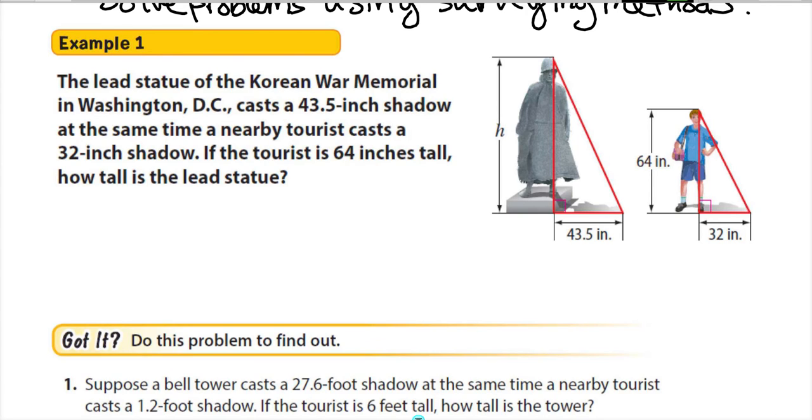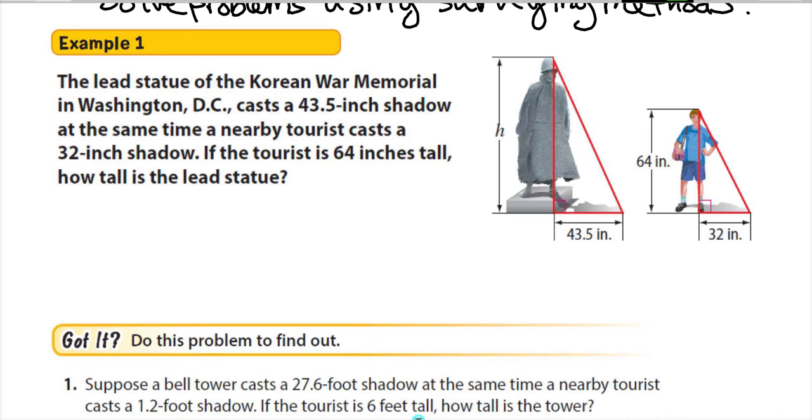If you take a look at the picture, when you're standing on the ground, you yourself are the tall part of the triangle most of the time. Then you measure your shadow, and once you measure that, you can figure out how tall a tree is by figuring out how long its shadow is, by setting up proportions.